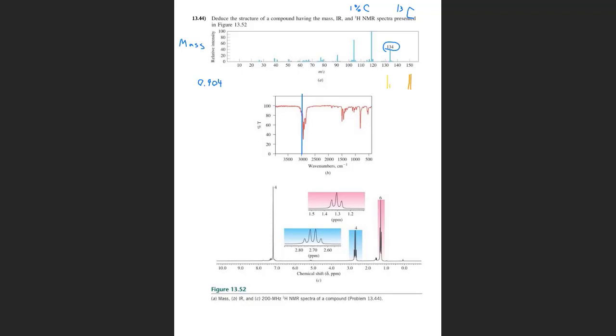So you end up getting a 1/3 to 2/3 ratio here, and it's a very noticeable and consistent pattern. When you see the 1/3 to 2/3 where the shorter one is always the higher mass one, that's a sign that you have chlorine. If you have two peaks that are identical in height, that's going to be a bromine, if these are your molecular ion peaks.